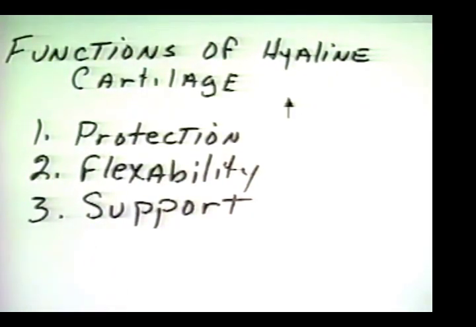The next tissue that we're going to look at is hyaline cartilage, the next connective tissue. This hyaline cartilage provides protection for certain parts of the body, gives flexibility to certain parts of the body, and provides support. There are other types of cartilage, but hyaline cartilage is the most common.